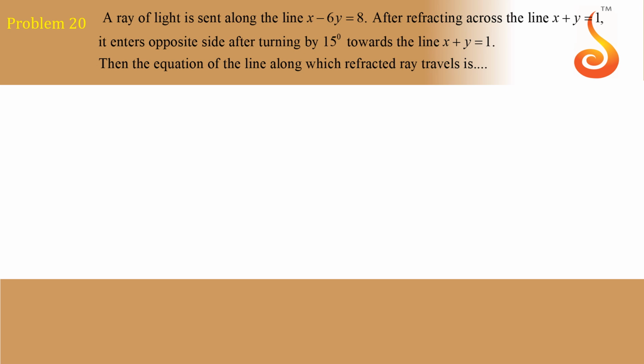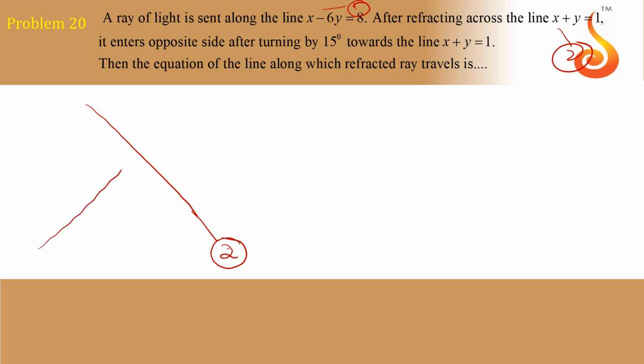A ray of light is sent along the line x minus 6y equal to 8 after refracting across the line. So let us say this is equation 1. This is x plus y equals to 1, equation 2.